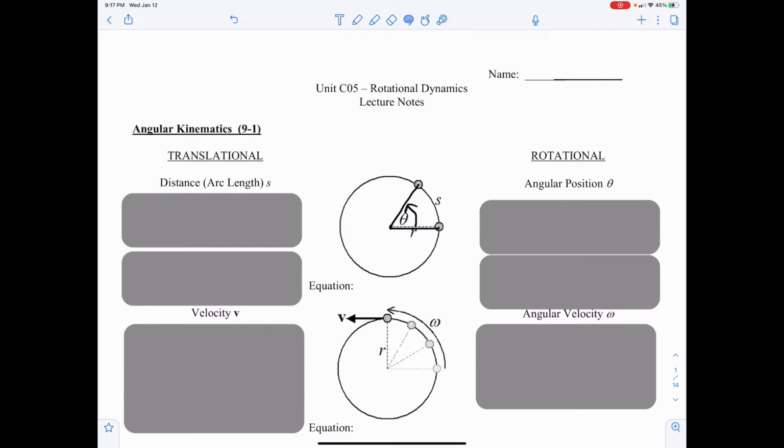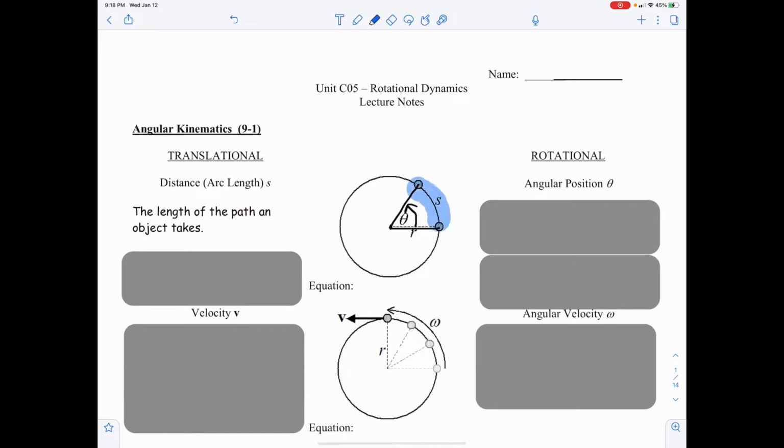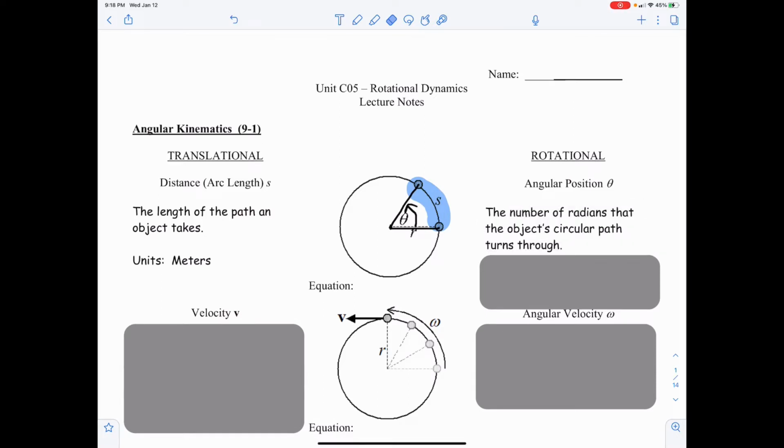The arc length is defined as the path that the object takes. It's the slice of the outer edge, a percentage of the circumference, if you will. The units are in meters. Now, angular position theta is the angle through which the object rotates.